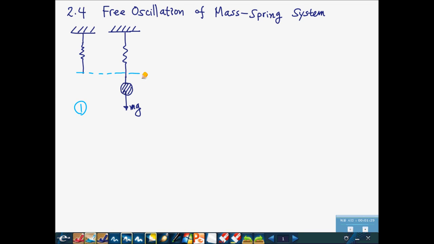So from this original length to here, that's S0, okay? And we call this Y. Then the force given here is mg, and to here, that's minus ky. Okay, from Hooke's law. The spring force is from Hooke's law.